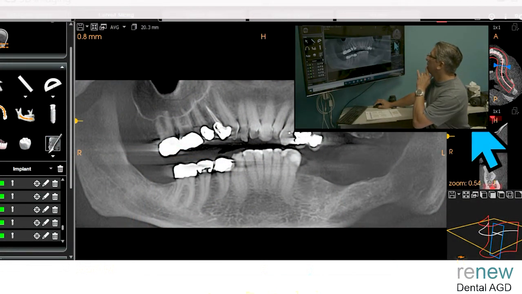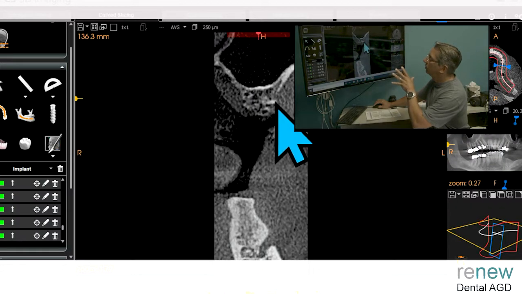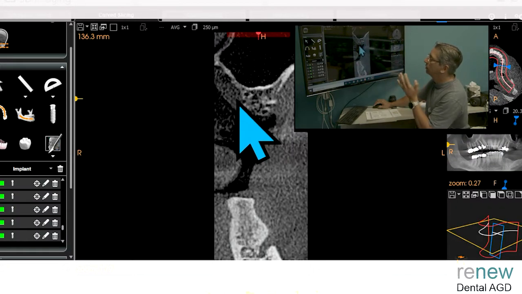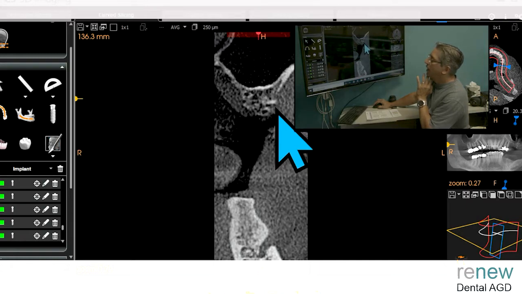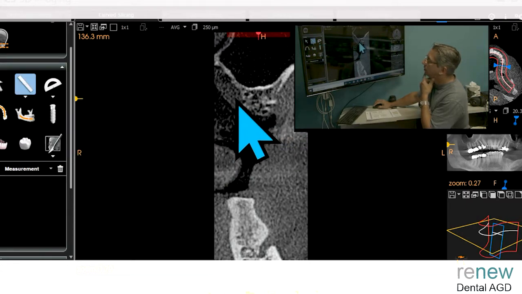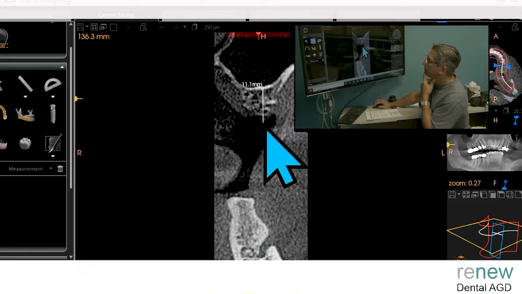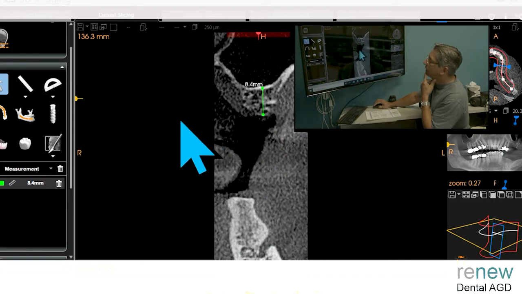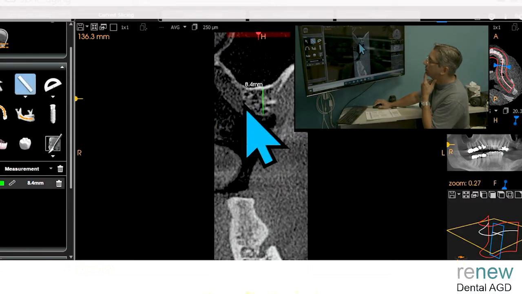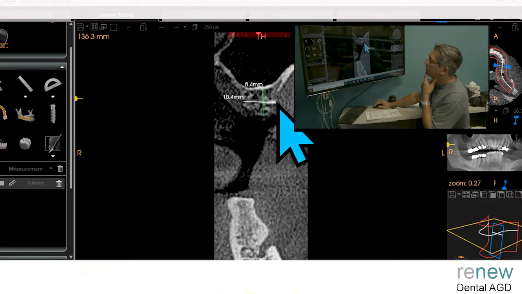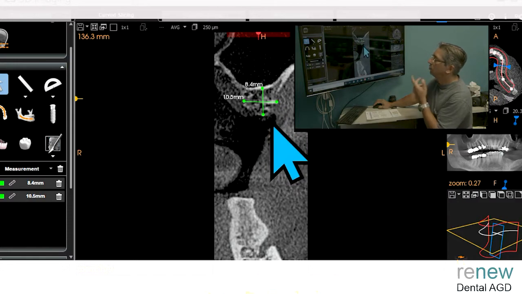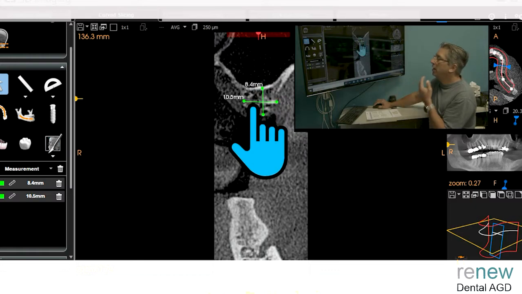If we look at that density, you can see the bone. It's more dense than the tissue around it, and you have a decent amount of height. So you've got 8 millimeters there. Your width is not as great, but you know it's a 10. So you could do a 5 by 10 here pretty easily.